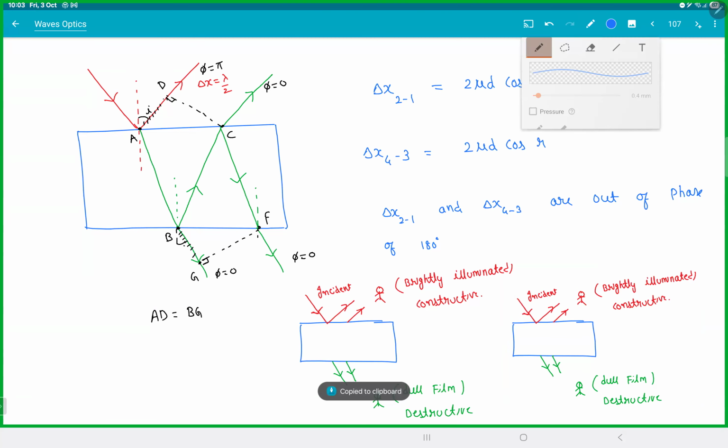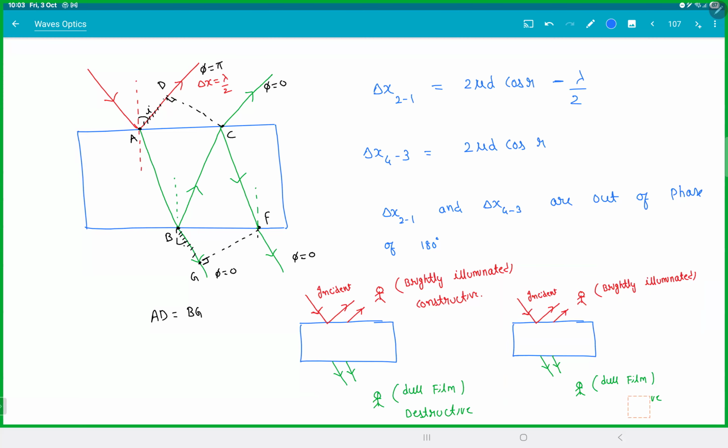If the other guy sees destructive interference, if this guy sees dull film, the other guy will see bright.